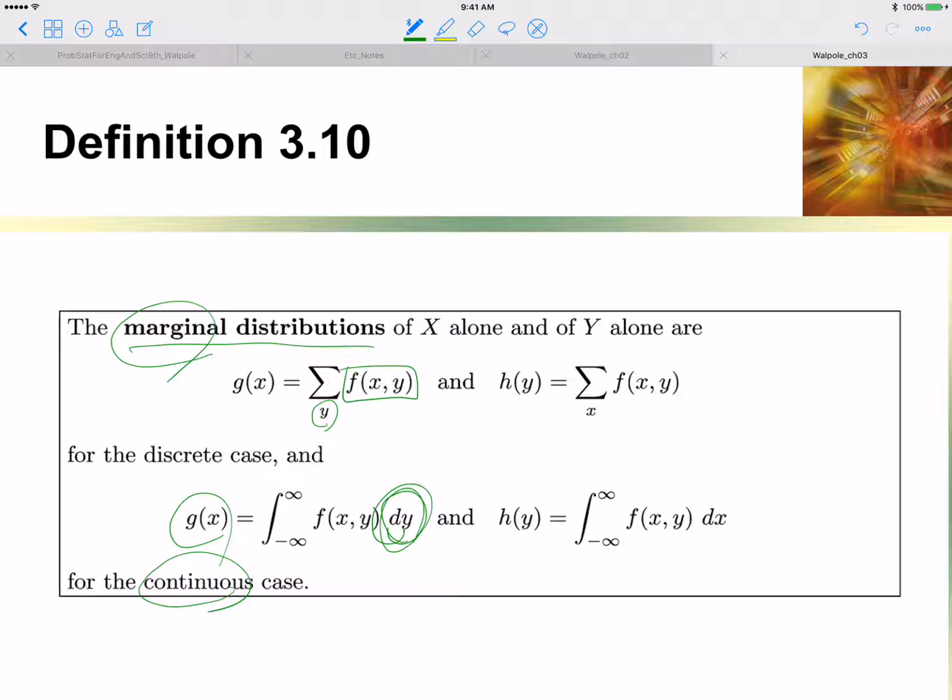Okay, just to give you another example and understanding of what the marginal distribution is, let's consider some joint distribution like this.